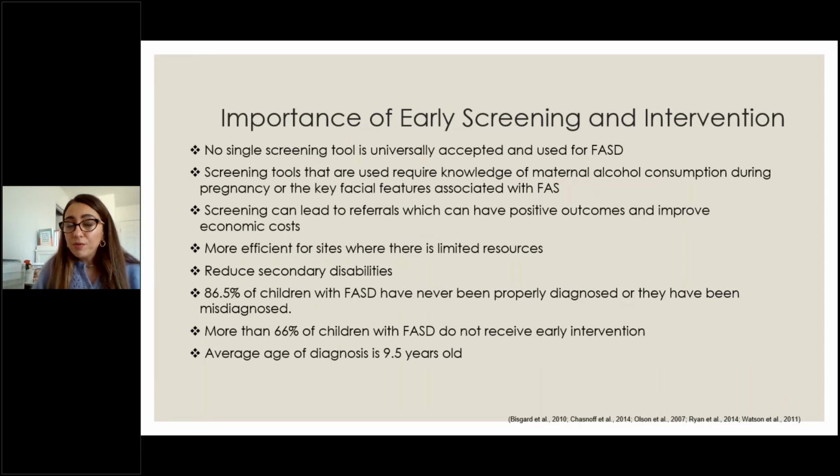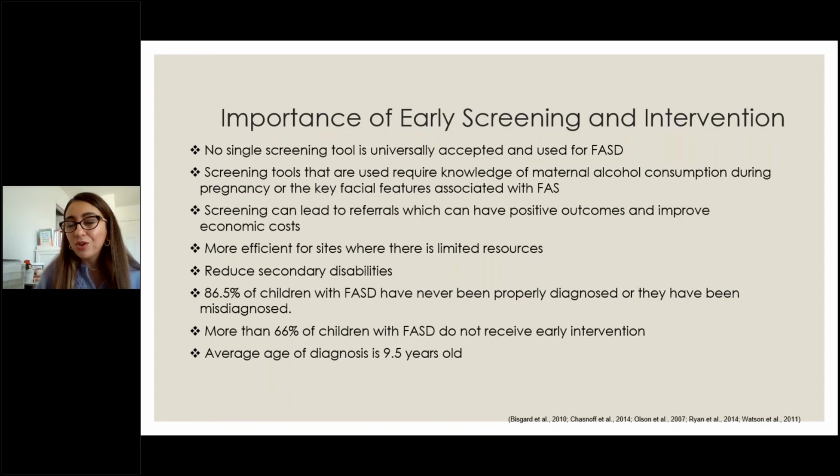So in terms of the screening process, as we know, screening reduces secondary disabilities, and it decreases the misdiagnosis and so forth. But what we also know is that, as I mentioned, the average age of diagnosis is 9.5. That's very, very late. So we also know that more than 66% of children with FASD do not receive early intervention.